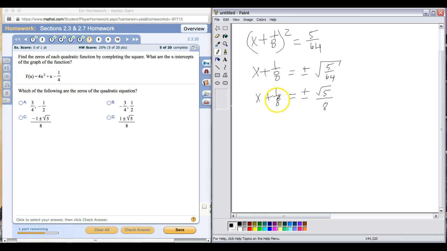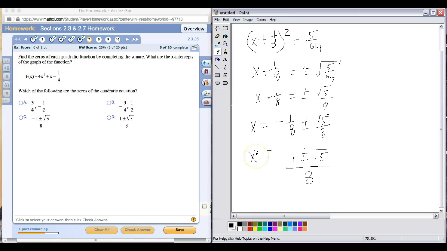Then from here we just subtract 1/8 from both sides, and our answers look like this. If we wanted to, we can just say negative 1 plus or minus square root of 5 all over 8. That is our resulting answer for x.